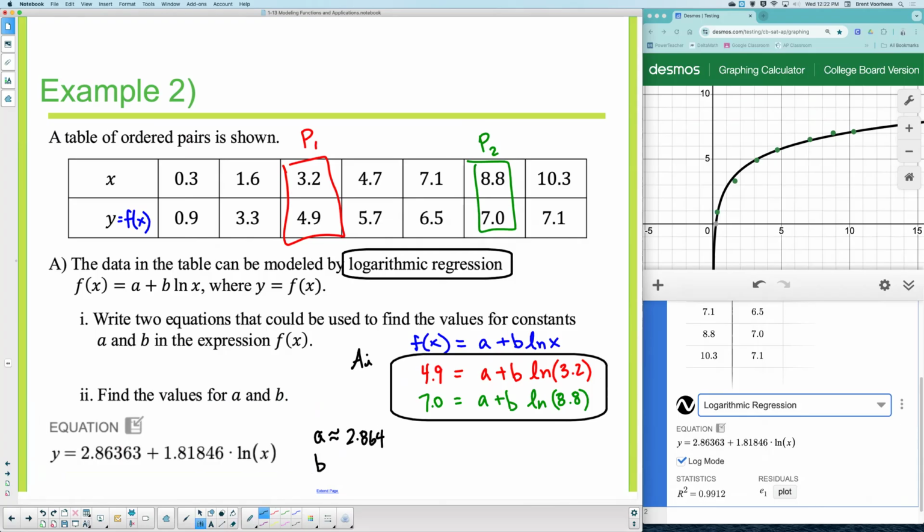Okay, and then B is approximately, that means the rounding, 1.818. Good. That right there would be your answer to AII. That would again get you another point. Questions over that part? Okay, let's roll on over into part B now.